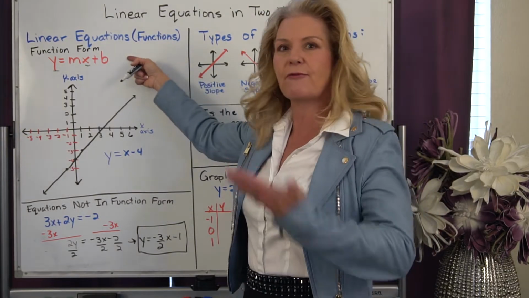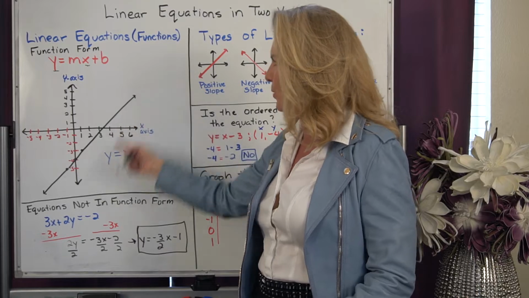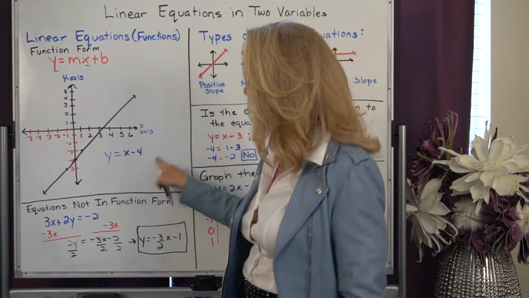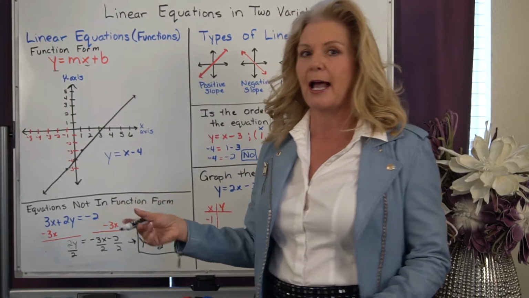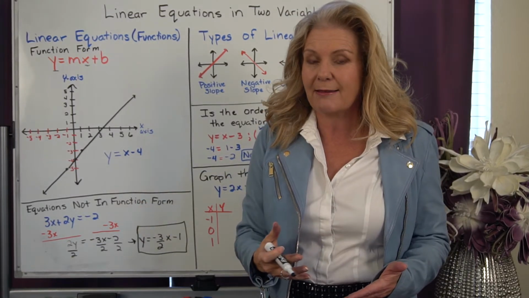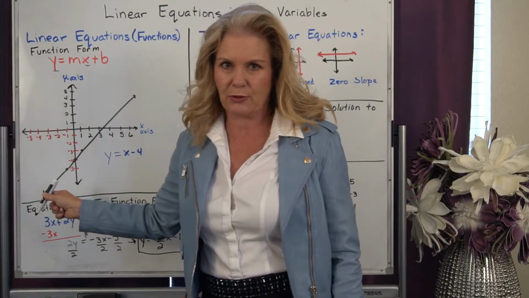Now, every linear equation can be graphed on the coordinate plane. So if I have this linear equation here, y = x - 4, I know it forms a line. And a line can go on infinitely long in both directions.